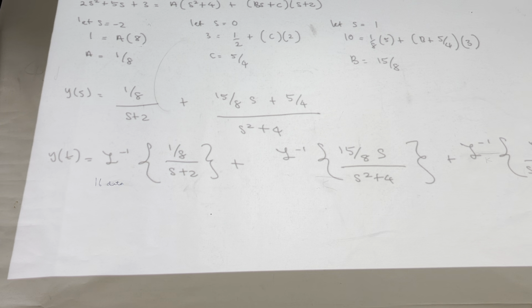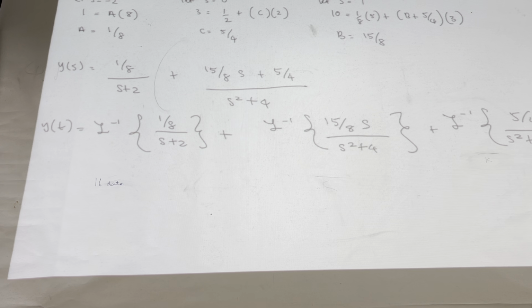Okay, so now we have a constant. You can put the constant outside. So 1/8 put outside. So we have 1 over s plus 2. 15/8 also you can put outside.